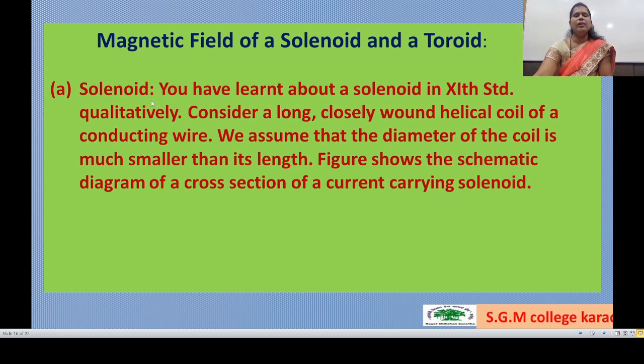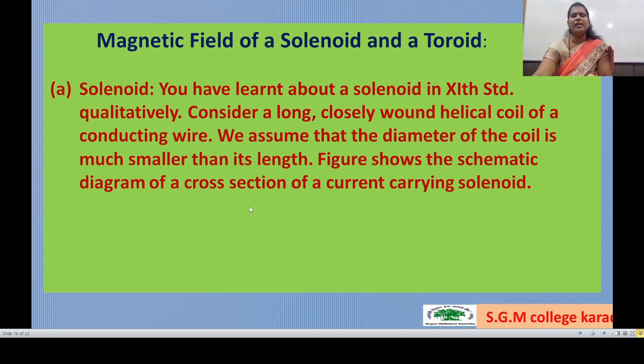First of all, we will see the magnetic field of a solenoid, which we already learned in 11th standard. What is a solenoid? Consider a long, closely wound helical coil of conducting wire. We assume that the diameter of the coil is much smaller than its length. The figure shows the cross section of a current carrying solenoid.